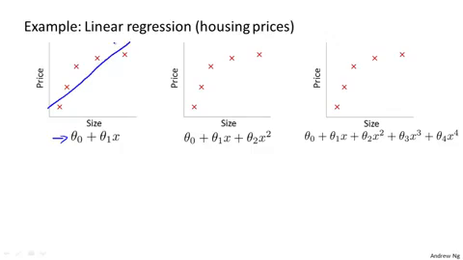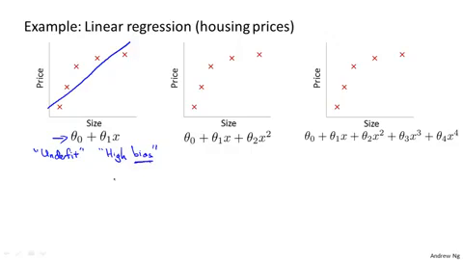Looking at the data, it seems pretty clear that as the size of the house increases, the housing prices plateau or kind of flattens out as we move to the right. And so this algorithm doesn't fit the training set very well, and we call this problem underfitting. And another term for this is that this algorithm has high bias. Both of these roughly mean that it's just not even fitting the training data very well.